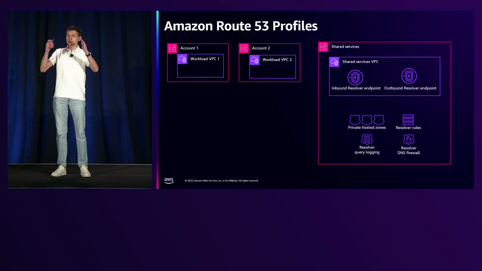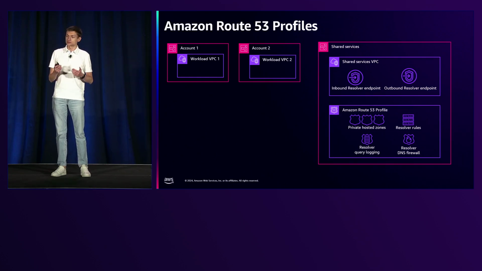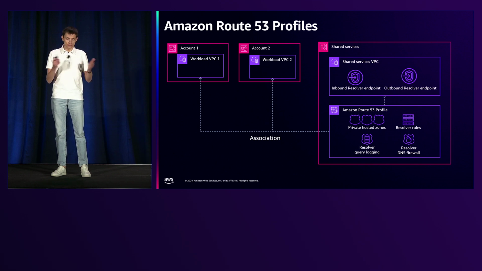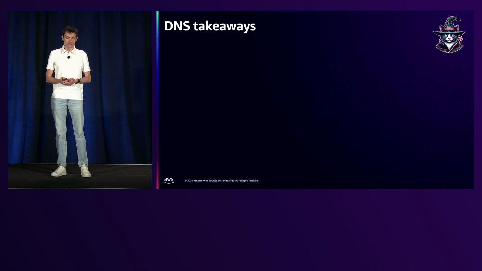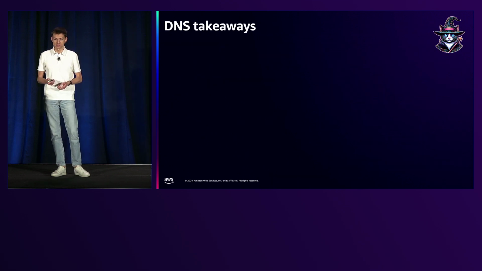We can bundle this all together in an Amazon Route 53 profile. Then we will RAM share it and associate it to every single VPC in your organization. This way, you will make sure that if you make any changes to your DNS configuration, they are propagated to your whole environment.